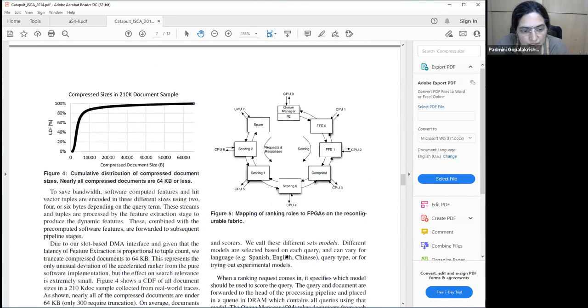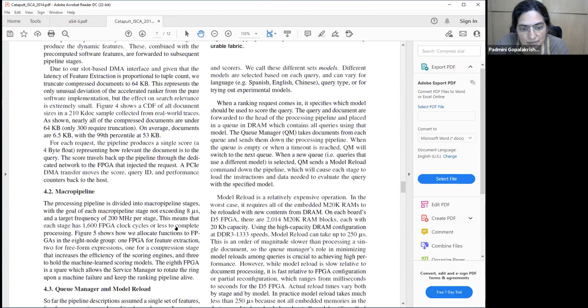Now the pipeline basically is this. They have this thing called a macro pipeline, and this entire pipeline is allocated to 7 FPGAs.